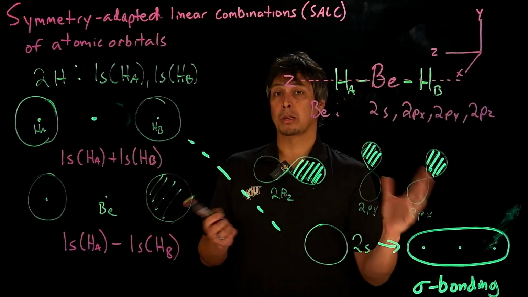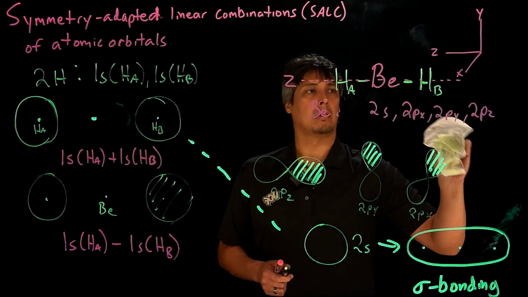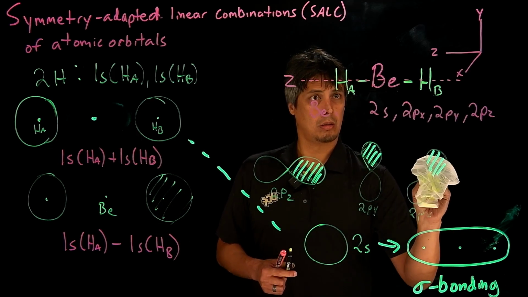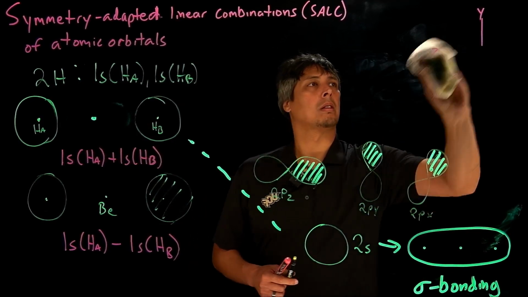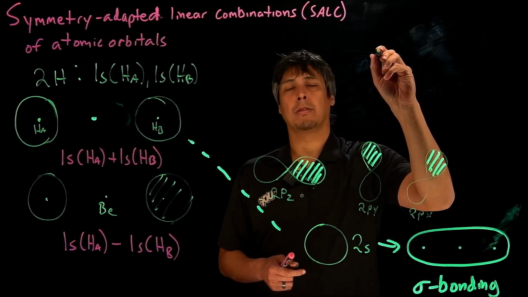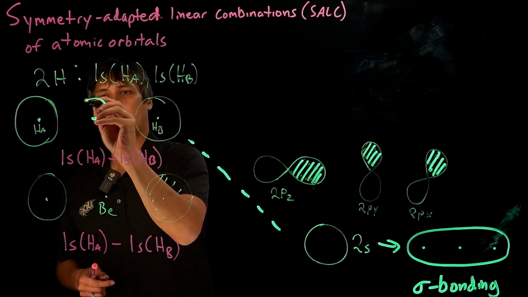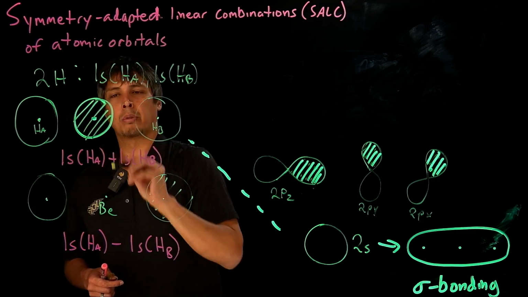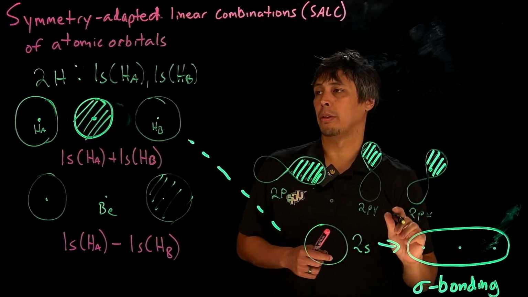And so we have a corresponding antibonding orbital for that, okay? The corresponding antibonding orbital would be, for instance, if we take this SALC and the 2s orbital of the beryllium, but in the opposite phase of what we have for the SALC.